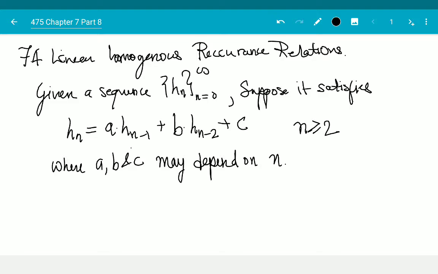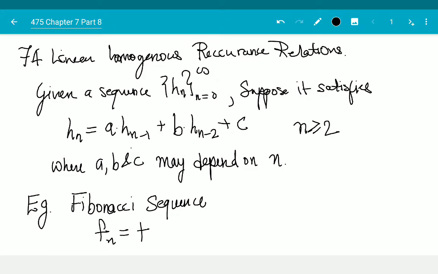Nothing is getting squared, there are no random multiplications. You're just giving them coefficients, and that is called a linear recurrence relation. So for example, the Fibonacci sequence satisfies f n is equal to f of n minus 1 plus f of n minus 2.